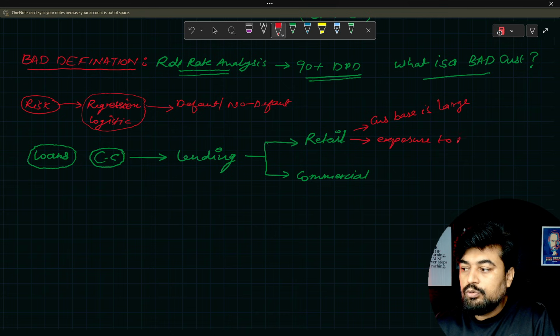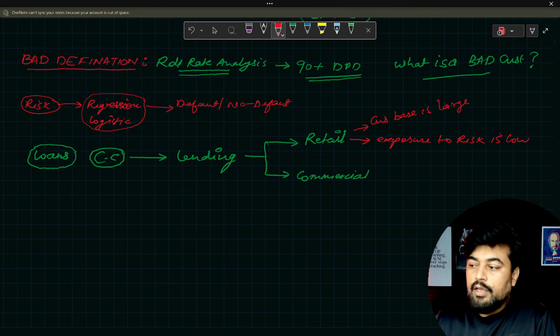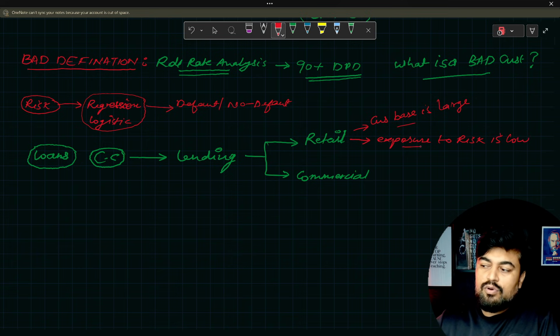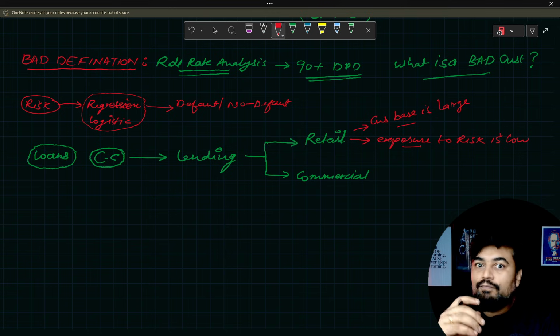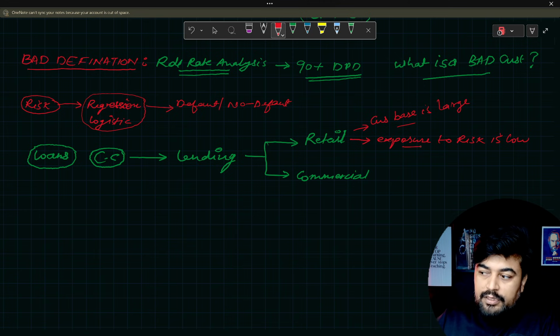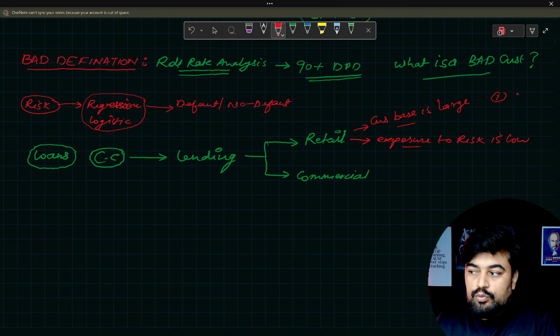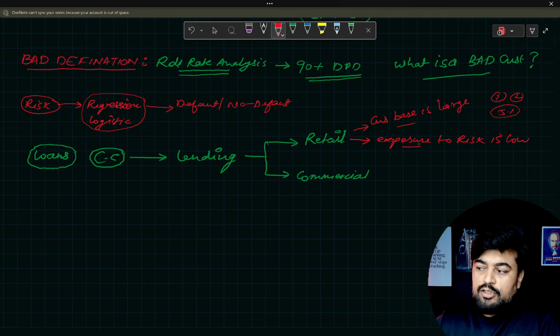Every customer, on an individual level, what will be the limit of the credit card? 1 lakh, 2 lakh, 5 lakh, 10 lakh, 20 lakh, that's it. So for a bank which works in billions, this 5 lakh, 3 lakh is a very small amount. The customer base is very huge. But if you talk about one customer out of that, or two customers, or even 5% of customers out of it, the exposure to credit risk is low compared to the commercial one.